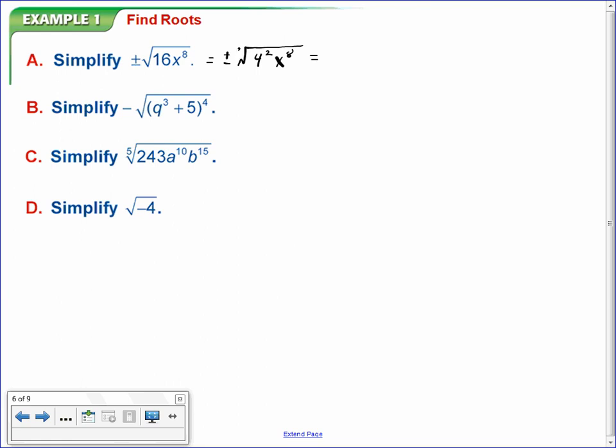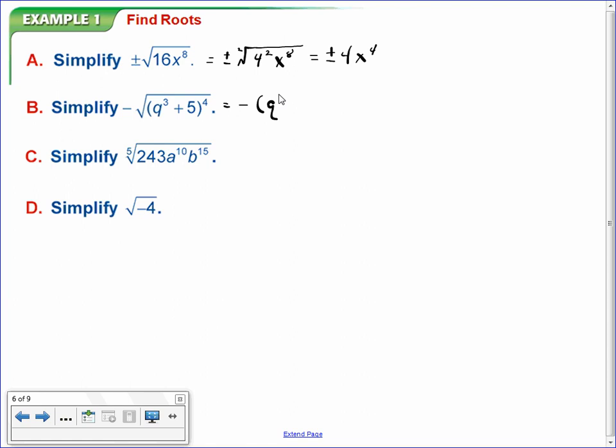Basically, all you've got to do is take this power and divide it by this power. So we're looking at positive and negative 4 squared, the square root of, is 4. The square root of x to the 8th is x to the 4th. And that one's finished. In this one, we're looking for the negative square root. Now, I'm looking at this and I'm going to think of this as just a number.